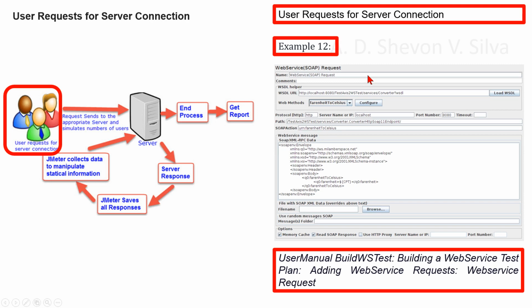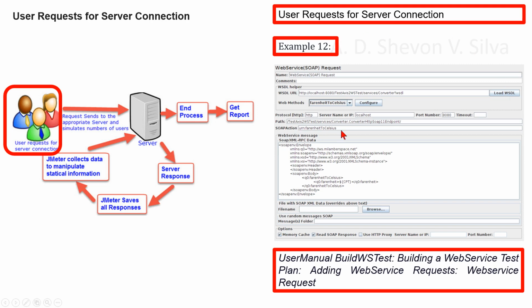Then select the web service request element in the tree and edit the following properties. Change the name field to web service SOAP request. Enter the WSDL URL and click load WSDL.